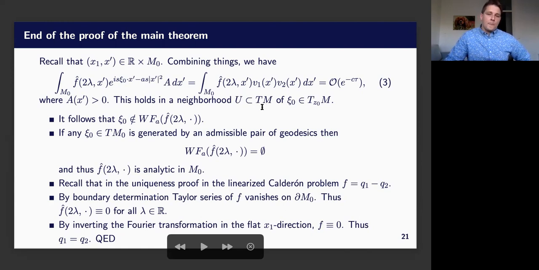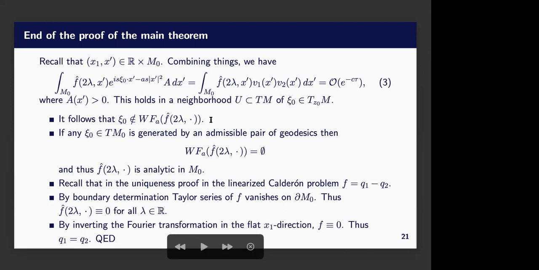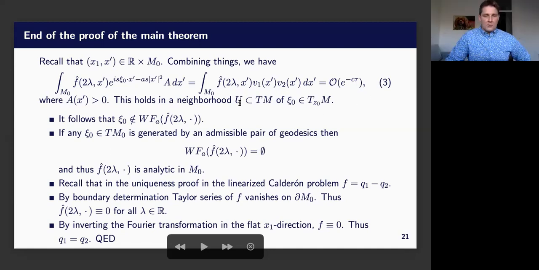We have a similar theorem for the wavefront set in this setting. From condition 3 for this neighborhood U, it follows that psi0 is not in the analytic wavefront set of f hat at the Fourier variable 2 lambda. I will remind you that this dot variable here is the variable on the transversal manifold. This gives our main theorem, which was this condition.